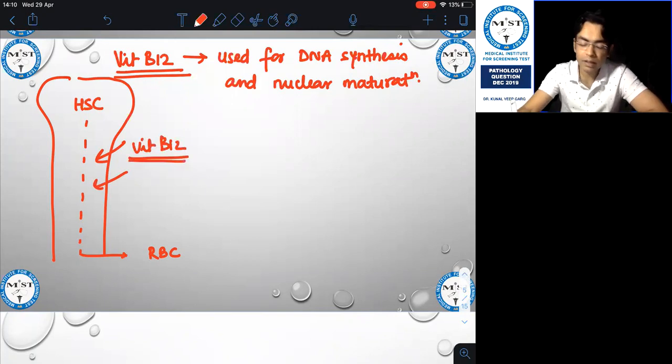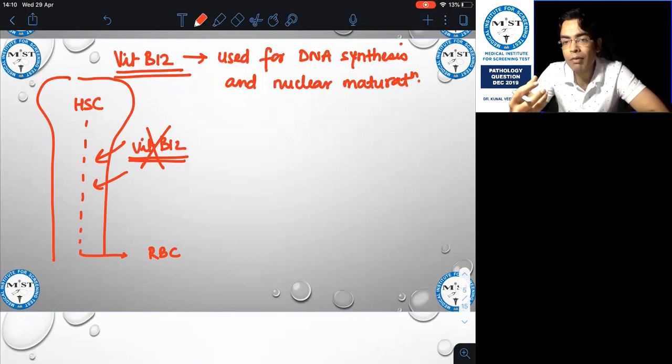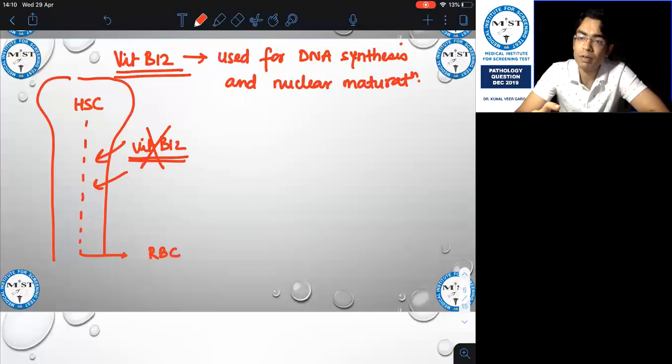Now, let's say this vitamin B12 is not present. If the vitamin B12 is not present, obviously what is going to be hampered inside the bone marrow? The cells inside the bone marrow will not be able to have a mature DNA, and even the nuclear maturation will be hampered. So DNA synthesis will be abnormal and nuclear maturation will be abnormal.